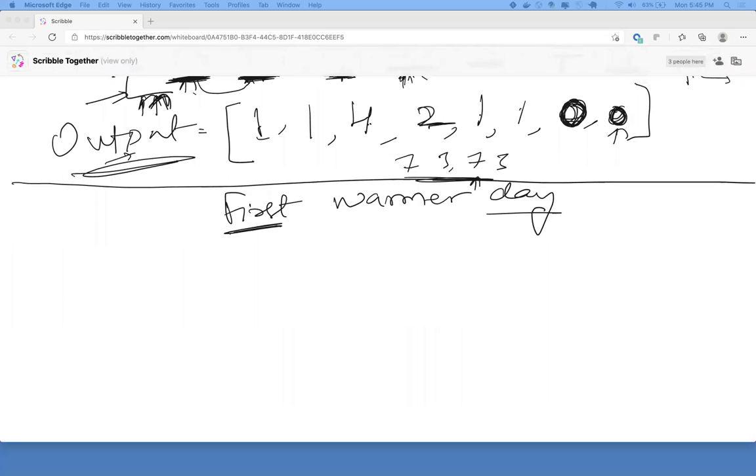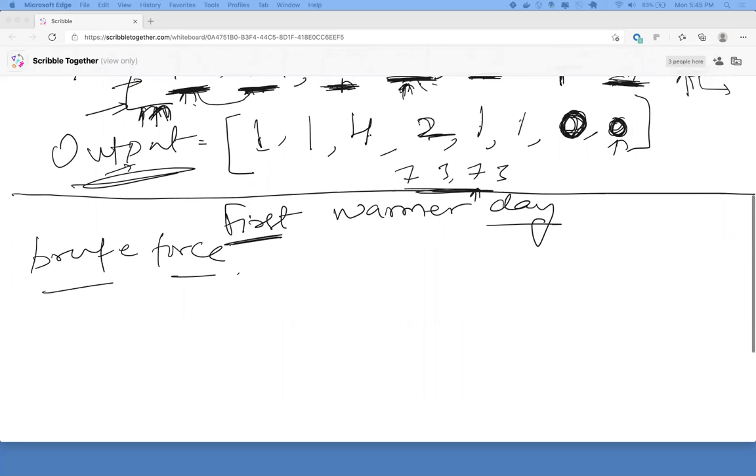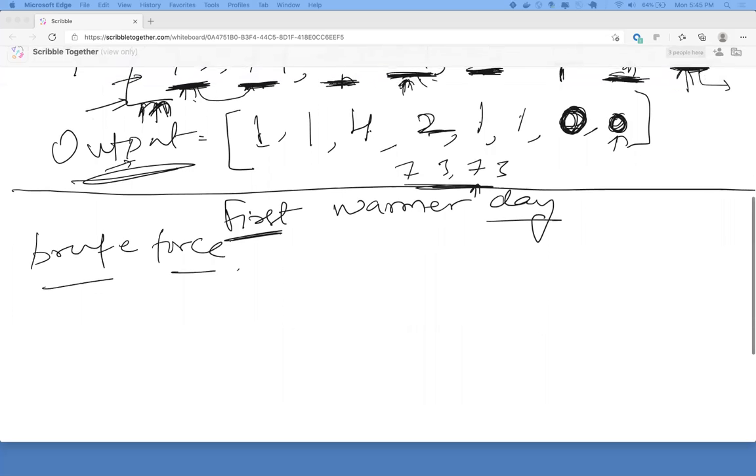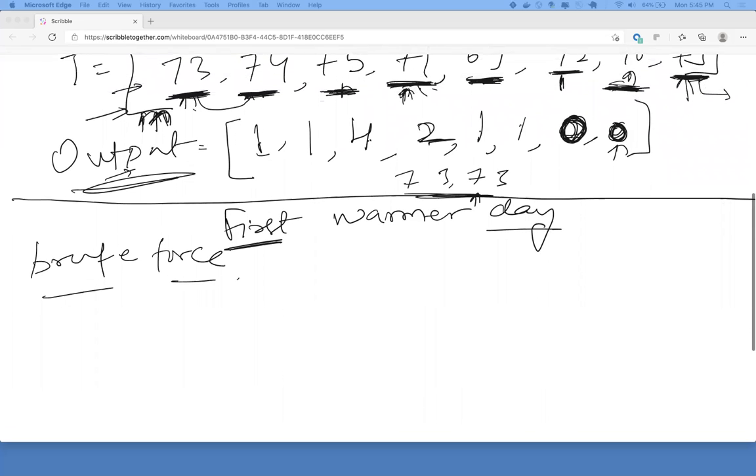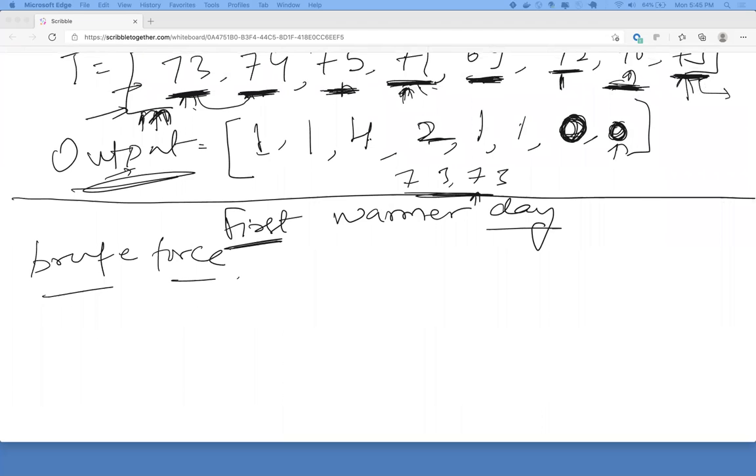So the brute force would be to go to each index. Just loop through the original array, then have another loop inside that, which goes through all the values after the index. So you start from I, and then you loop from I plus 1 till the end of the array. You keep a counter and initialize it to 0 in the first loop.